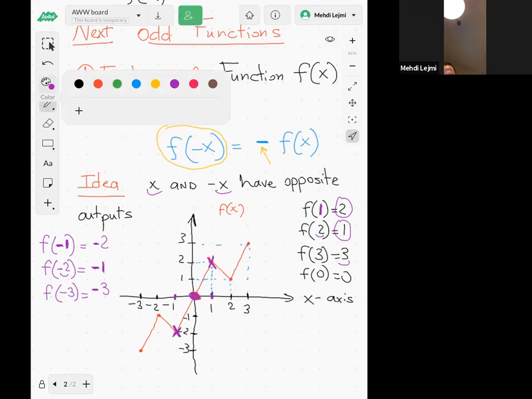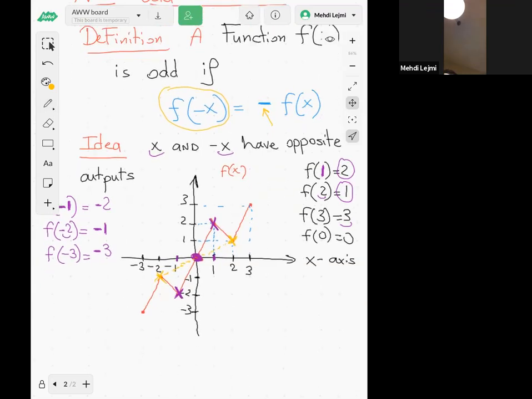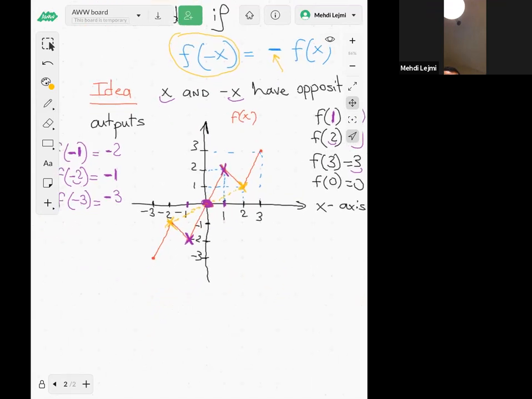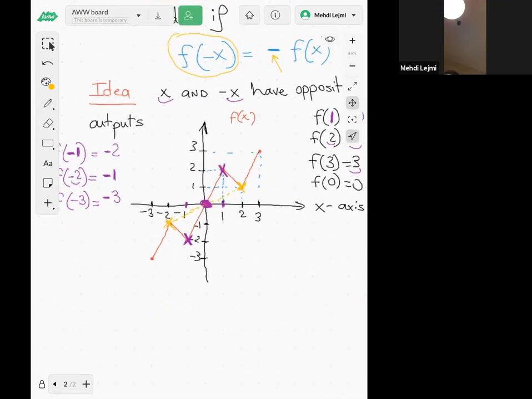You can see, for example, if you take this point and this one here, they are symmetric about the origin, right? Etc. So these odd functions are nice because they are symmetric about the origin, the 0, 0. So the odd functions.